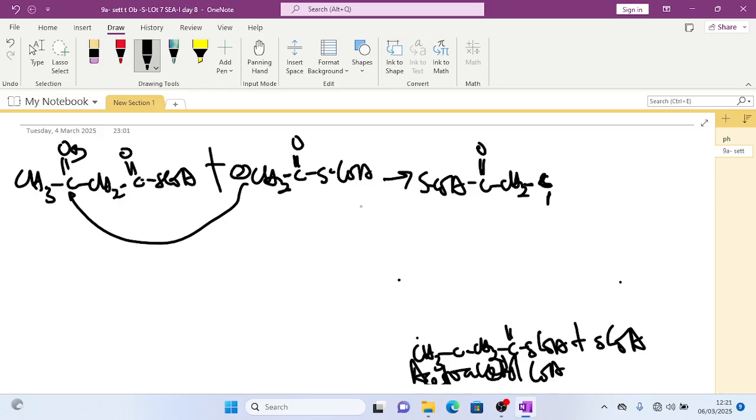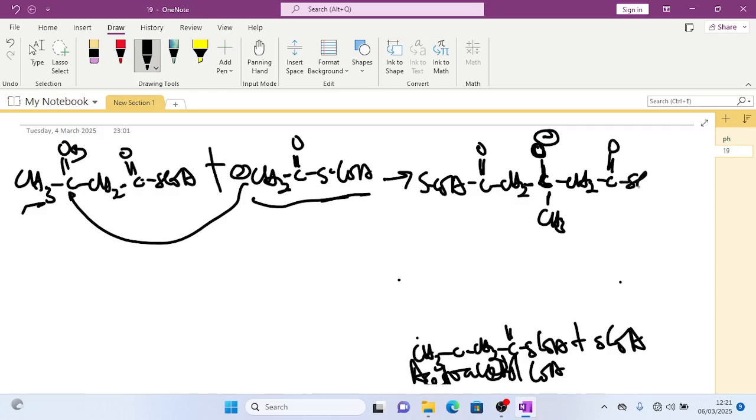This methyl group here, I'm bringing it down, and so this is O negative. Looking at the structure that is binding, that is CH2, right?